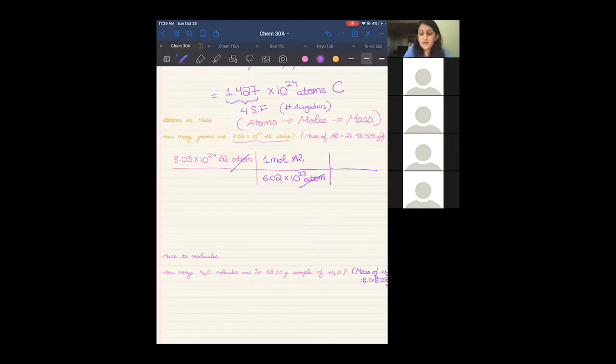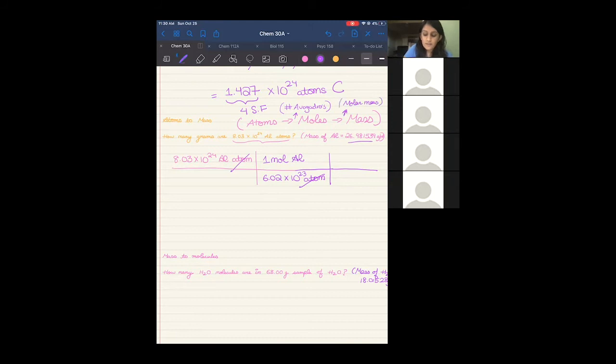Okay, now I'm going to go from moles to mass. So how do I go from moles to mass? What special number do I need? I've given you the molar mass, right? This is what we need.